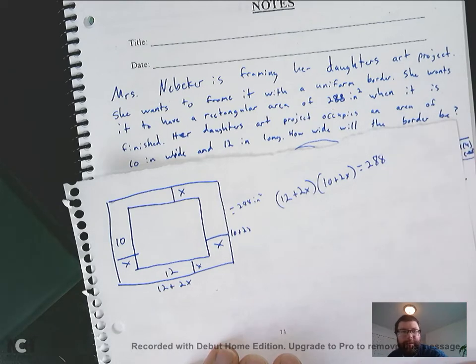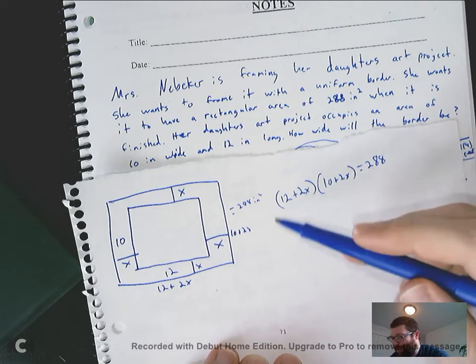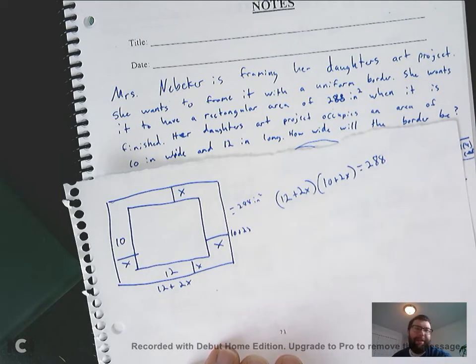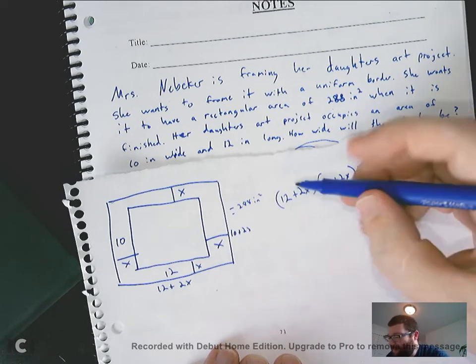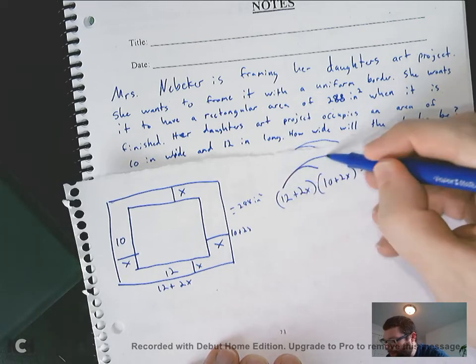288 inches. So this is why a lot of you guys kind of took this one off, because it takes a little bit of work to get to where you can even use the quadratic formula. You got to distribute, combine like terms, move some stuff around so that it's equal to 0, all that stuff. But that also isn't very hard to do.